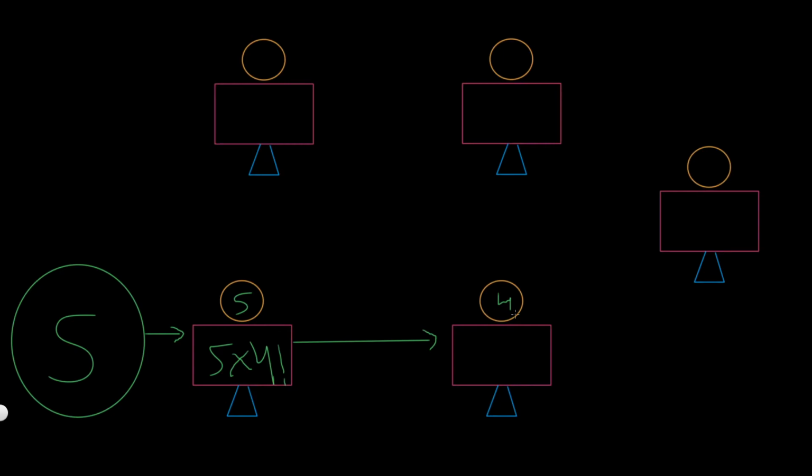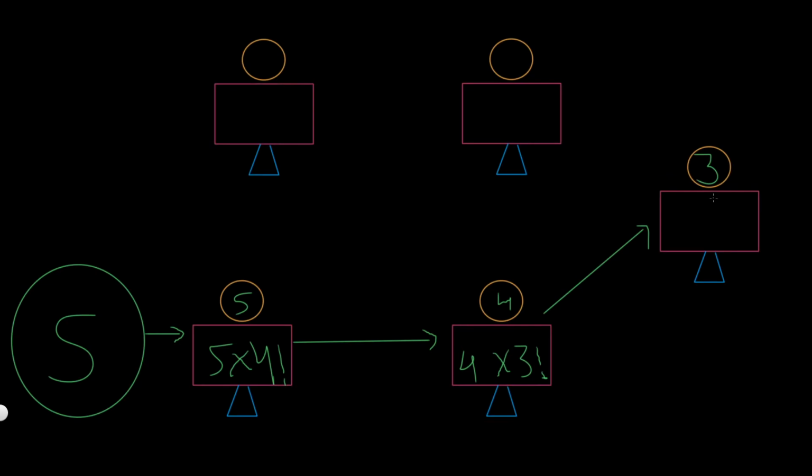But what this computer knows is that the factorial of 4 is 4 times the factorial of 3. So this computer will also create one more instance of itself, and it will ask it for the factorial of 3, and this computer has the same information as the previous one, so this computer also doesn't know the factorial of 3.